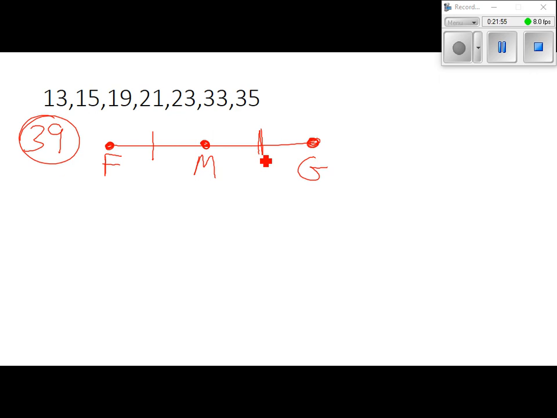They tell us segment FM is 5y plus 13. We labeled stuff like this earlier this year, right? Segment MG, so from here to here, is 5 minus 3y. And we want to know how long this segment is.